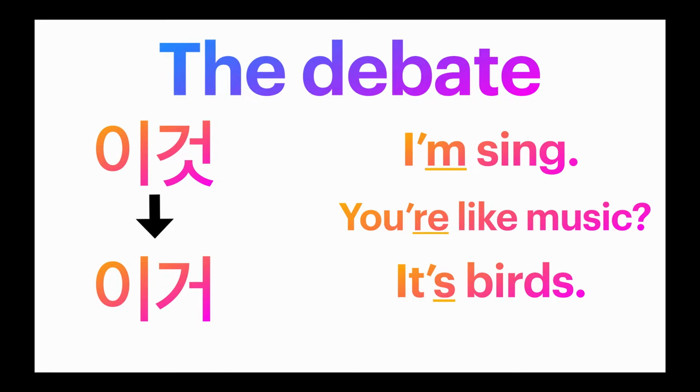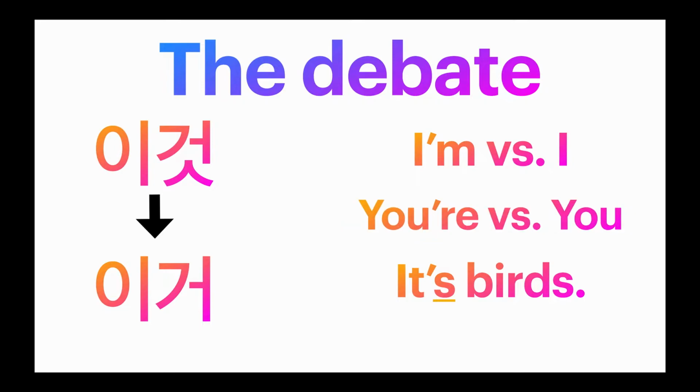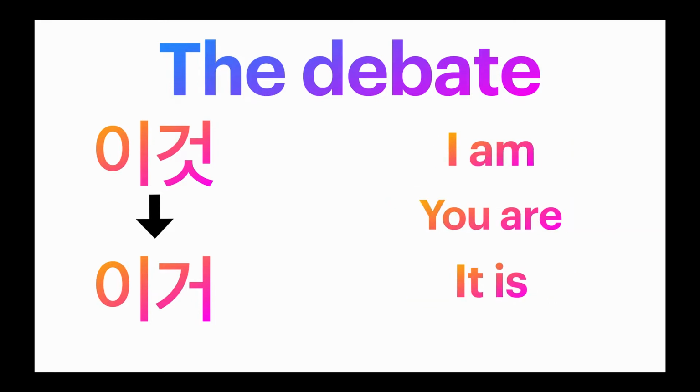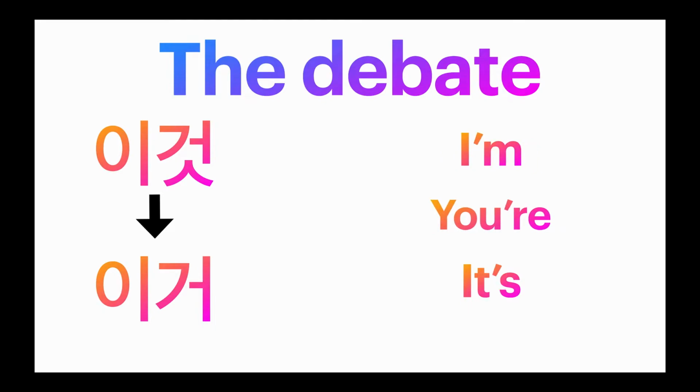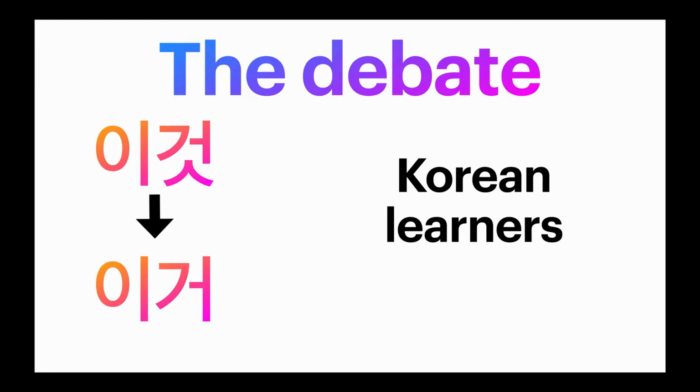They don't really know the difference between I'm versus I, or you're and you, or it's and it, and so on. But for the students that I don't abbreviate for literally like one class or just one week, we'll practice the unabbreviated form of I am, you are, and it is. Like I said, for literally like one week, we'll do this form instead. These students have a much better understanding later on of what the abbreviated form actually stands for. And it's honestly the same with Korean learners, I've noticed.